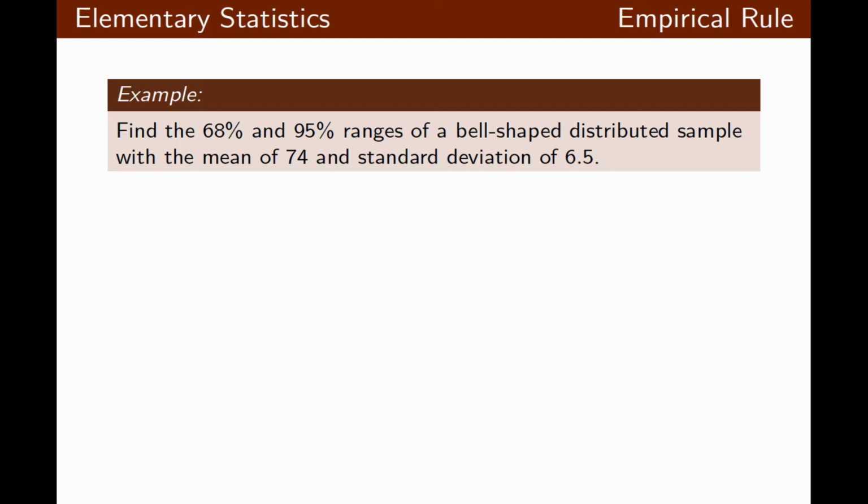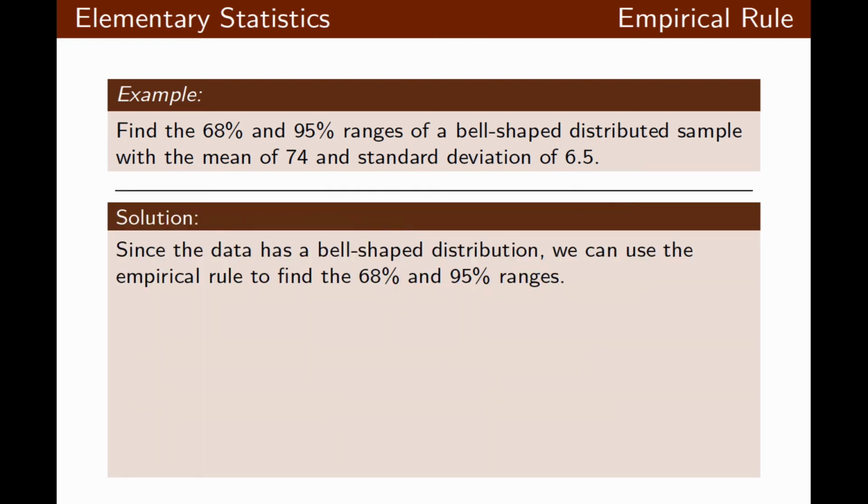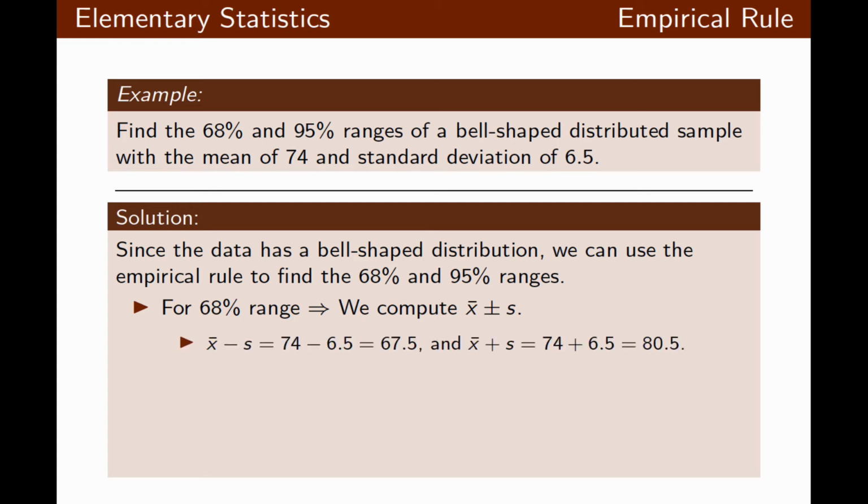In this example, we're supposed to find the 68% and 95% ranges of a bell-shaped distribution with a mean of 74 and a standard deviation of 6.5. Using the empirical rule, the 68% range will be x bar plus or minus 1 standard deviation.